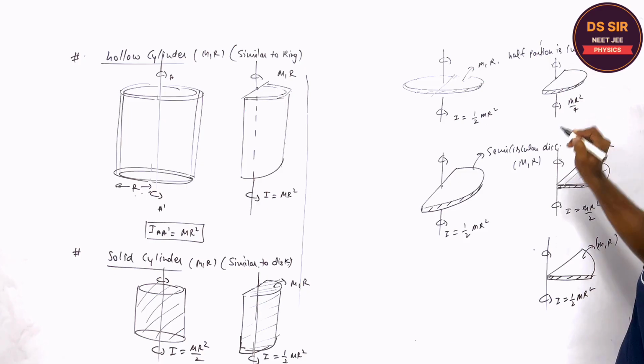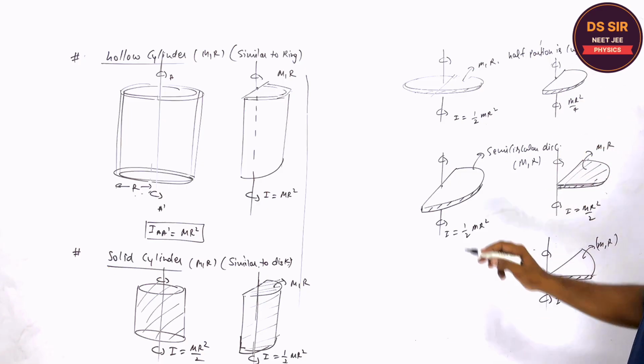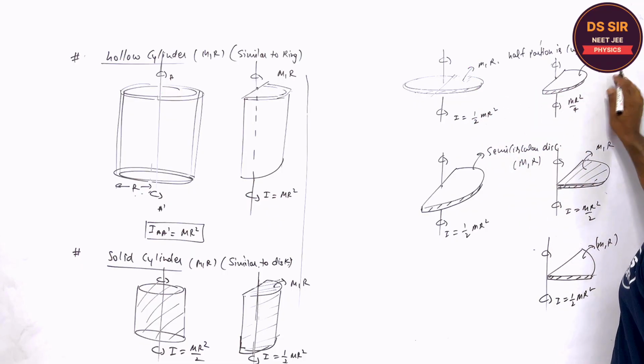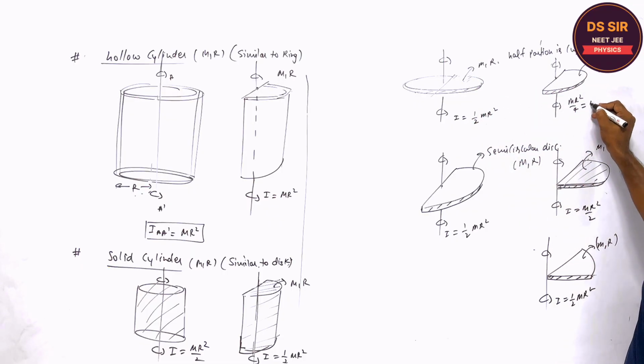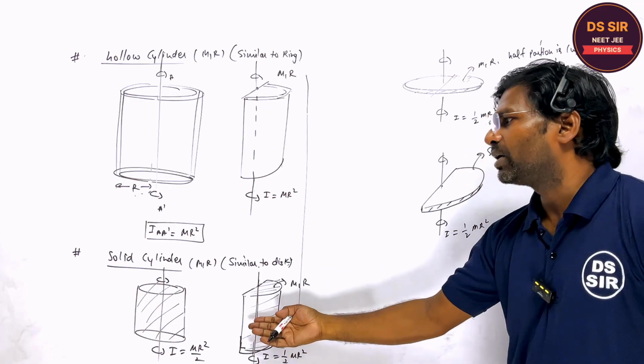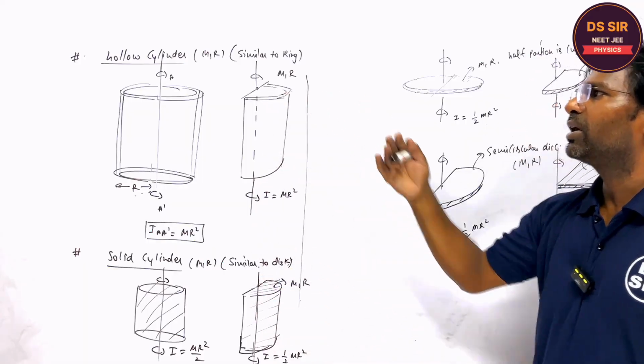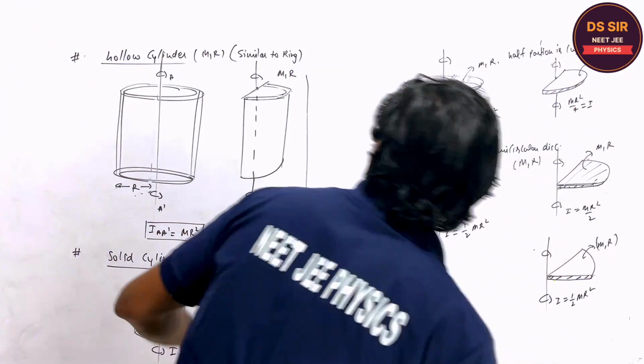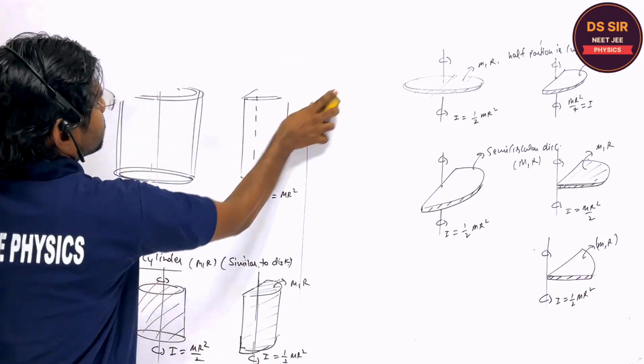Why is it so? Because the total mass is m, this time the mass is m by 2. If the mass is m, the moment of inertia is half mr square. This is valid for the solid cylinder and the hollow cylinder also.